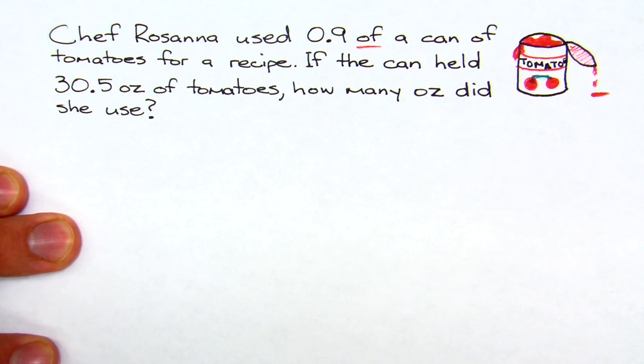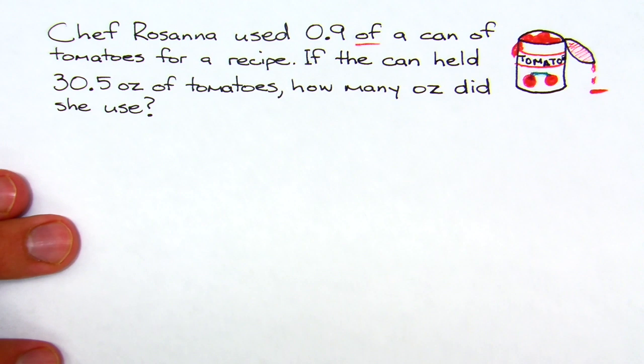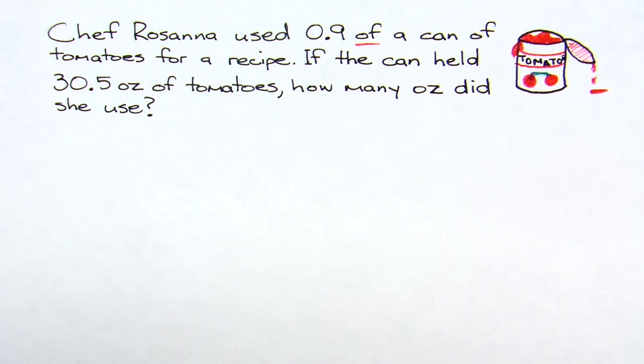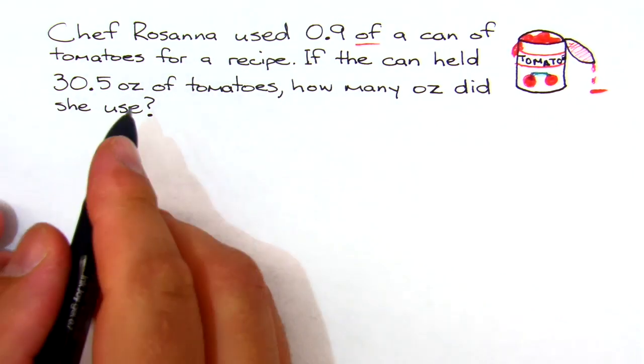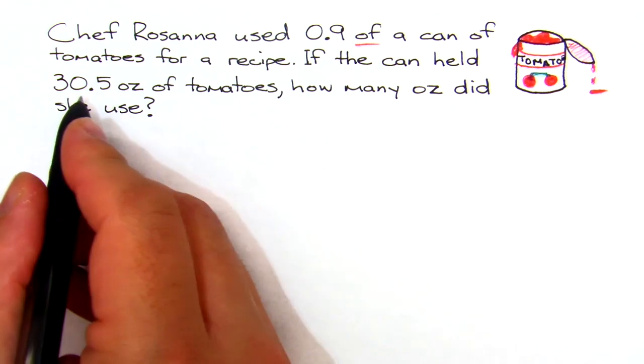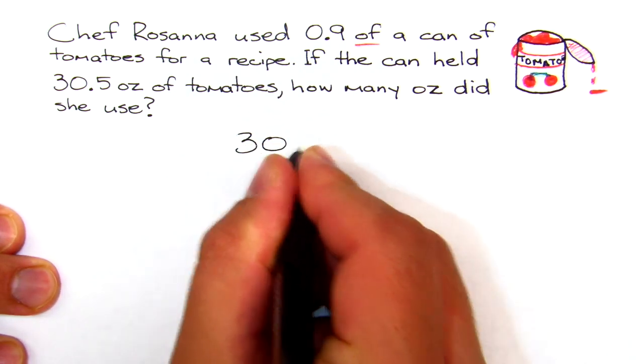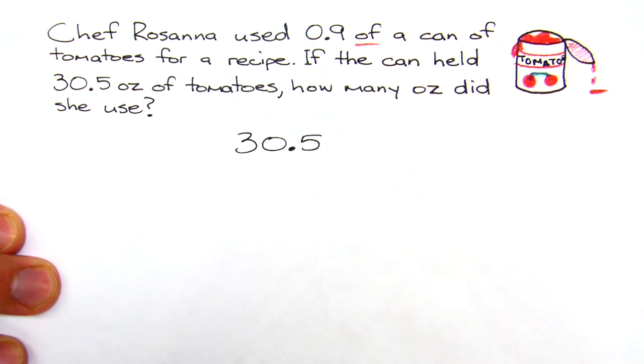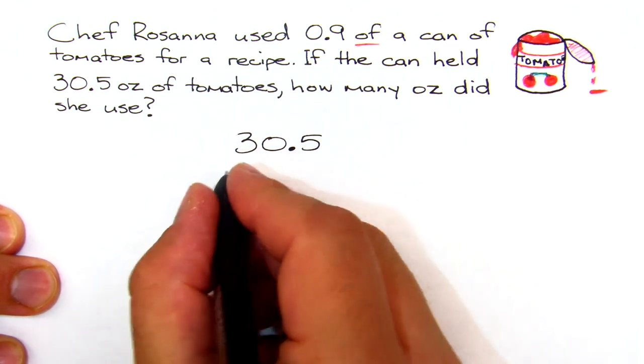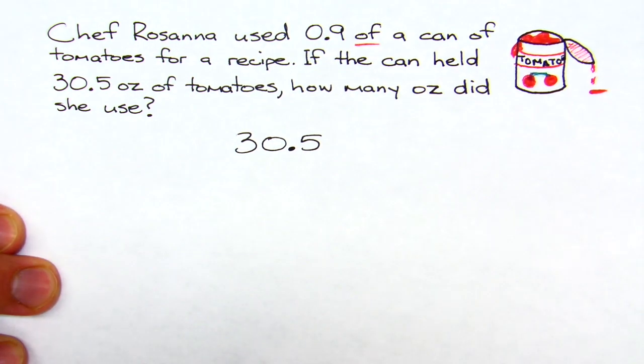Most of the time when you see that word of in a math problem, it's going to be multiplication. So we take what Chef started with, 30 and 5/10 ounces, and we're going to multiply that. If she used the whole can, we would multiply it by 1, and that's easy.